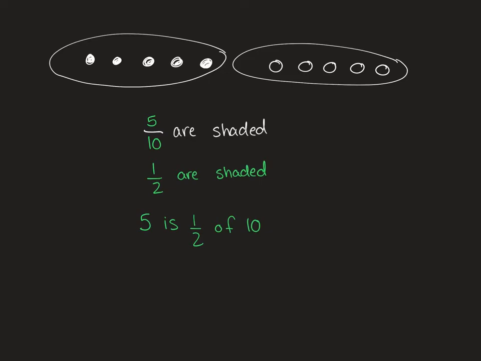So it's almost like our numerator is second fraction of first denominator, right? And then lastly, we have our 2 equivalent ratios, so a 5 to 10 ratio is equal to a 1 to 2 ratio.